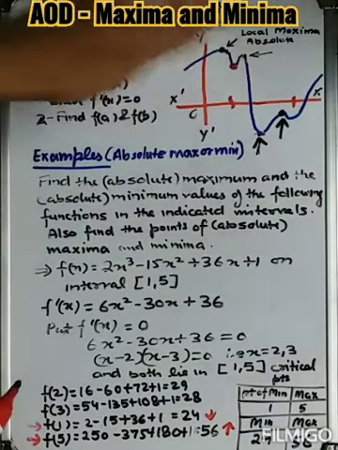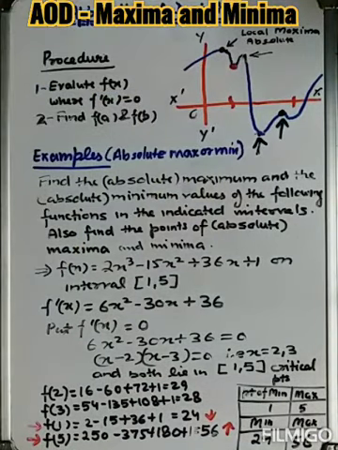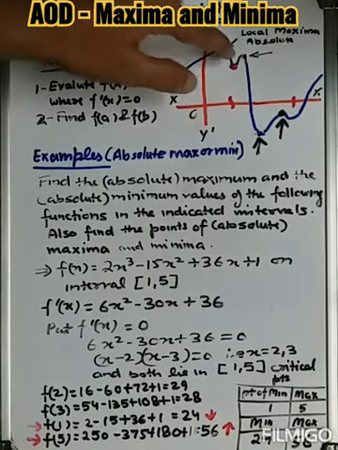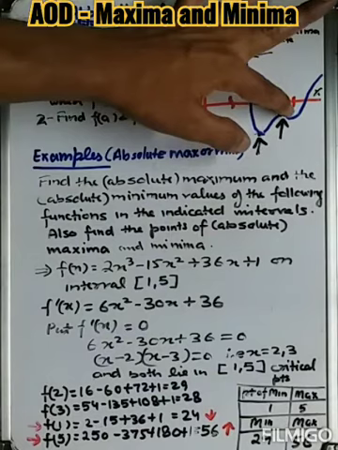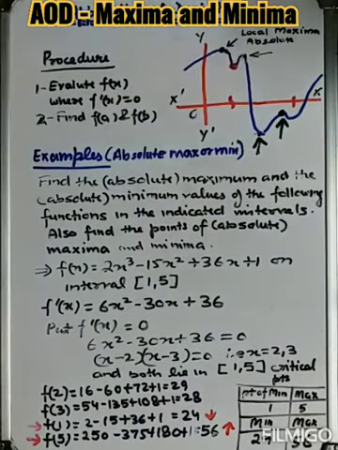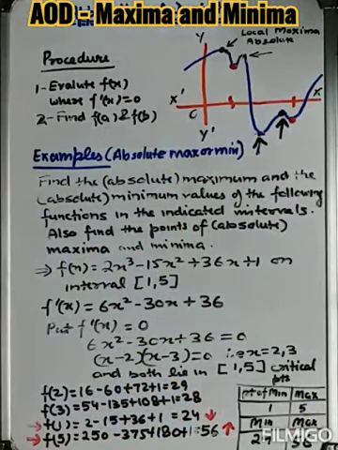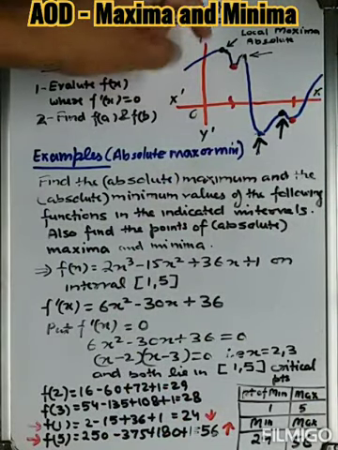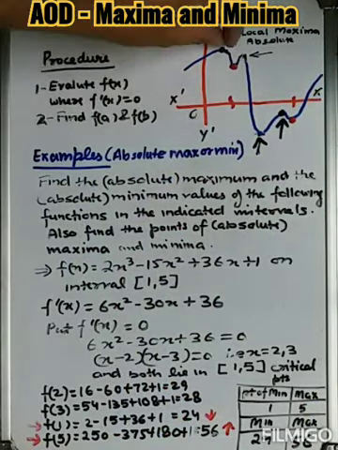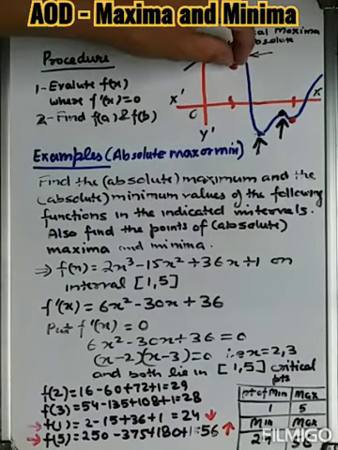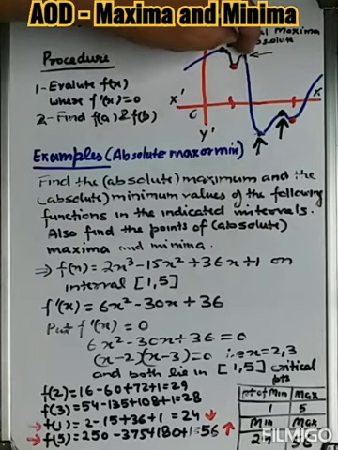Wherever the curve moves in the opposite direction is called a turning point, and that turning point can only be a local maxima, local minima, or absolute maxima or absolute minima, because it is turning in the other direction. So if it is moving down, this can be the highest position. If it is moving up, this can be the lowest position. This can be the highest position.